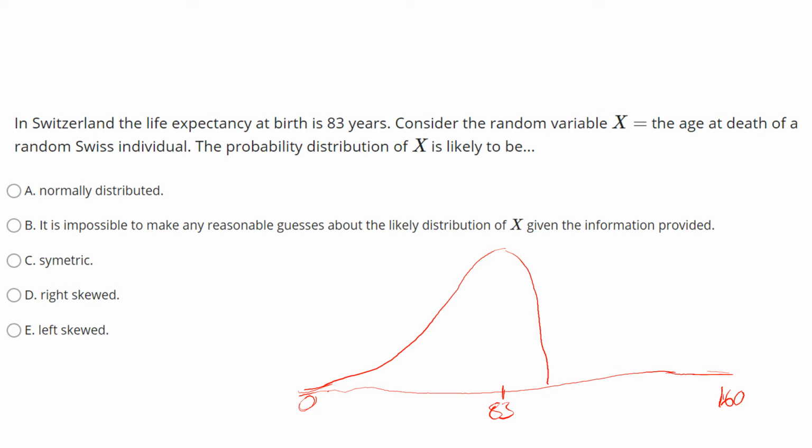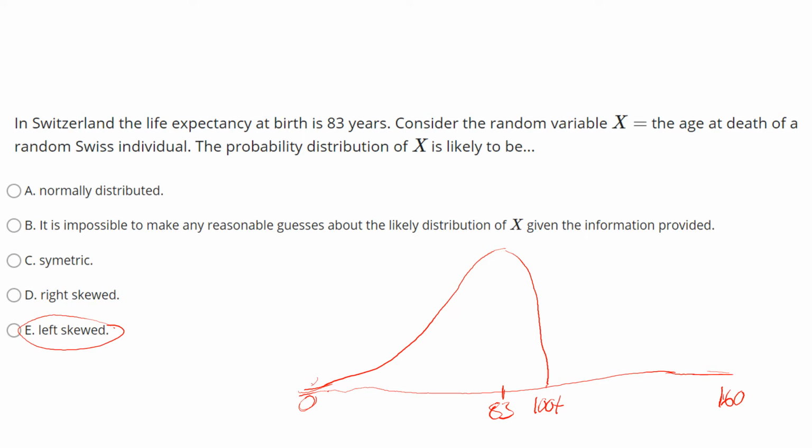Why to the left? Because we will observe, although it's few cases, some deaths in early life, kids born with complications, etc., or just dying during childbirth, although it's rare, it might happen. We will observe those, and we will also observe individuals who live to the age of 100 plus. So this is probably going to be a left skewed distribution.